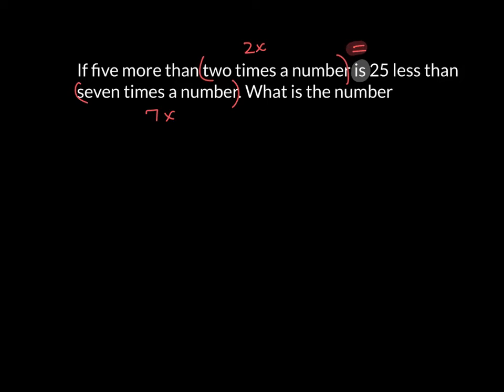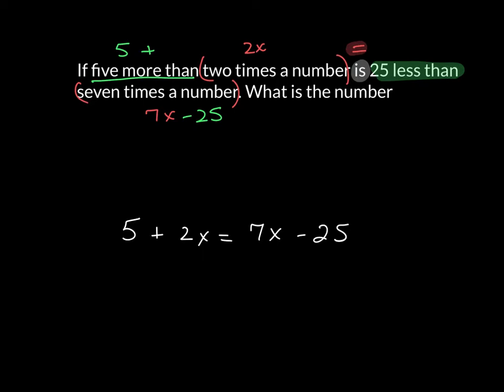Next piece, 5 more than just becomes 5 plus. The only thing that we have to be careful about with this one is this 25 less than. This 25 less than means it's coming after the 7 times the number, and that's going to be now 7x minus 25. So the equation that I have for this is 5 plus 2x is equal to 7x minus 25.